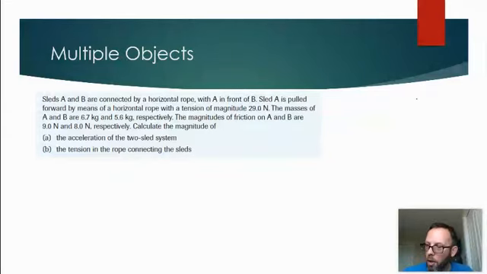For this one, I'm going to draw a combined system diagram and free body diagram. I'm going to call this one sled A. Sometimes if I have multiple objects, I just write MA for mass A, and this is mass B. Of course, you are free to do whatever makes you feel comfortable.